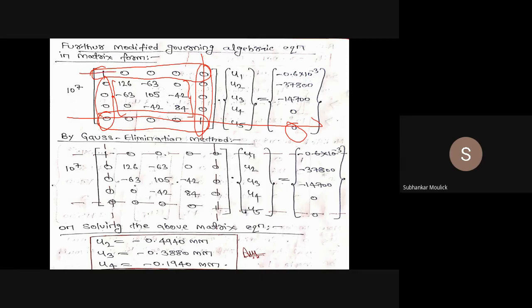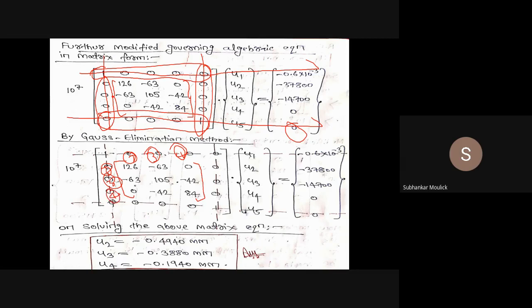So you can eliminate first row and first column. You are left with a 3 cross 3 matrix. This is your second column, third column, fourth column, and second row, third row, and fourth row.